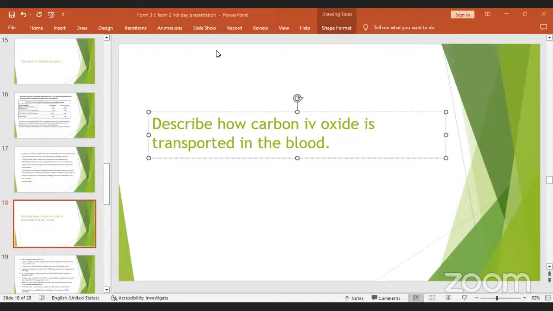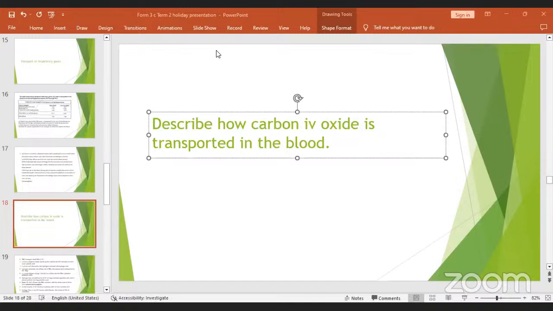Or because of its weakness, it will dissociate or break down into hydrogen carbonate ions, number 1, and hydrogen ions. Hydrogen carbonate ions are transported in the plasma to the lungs.